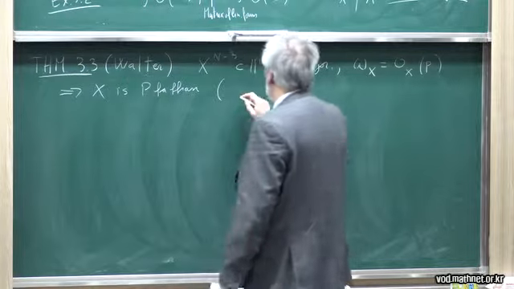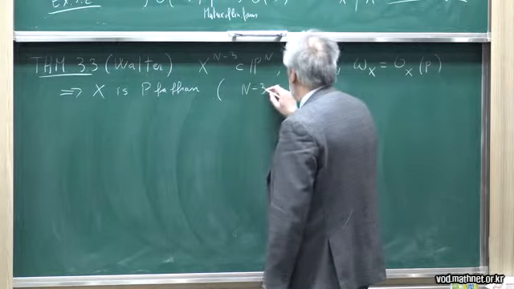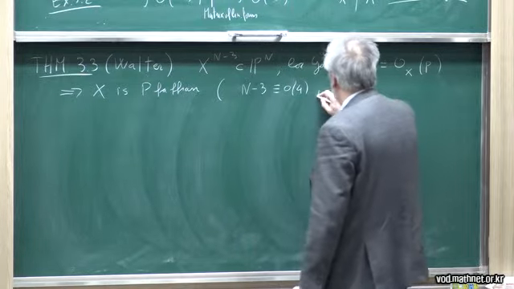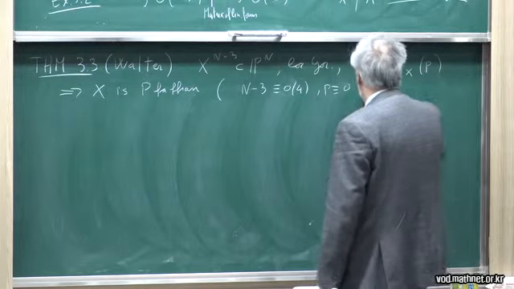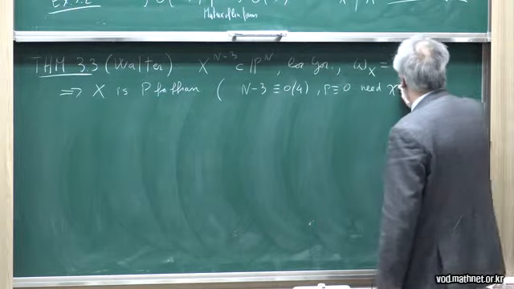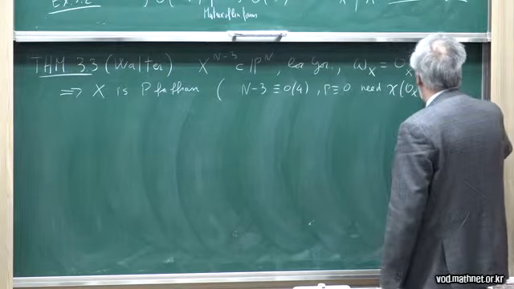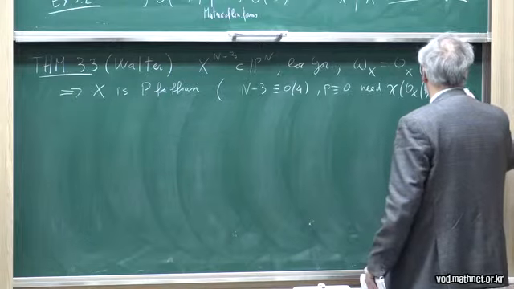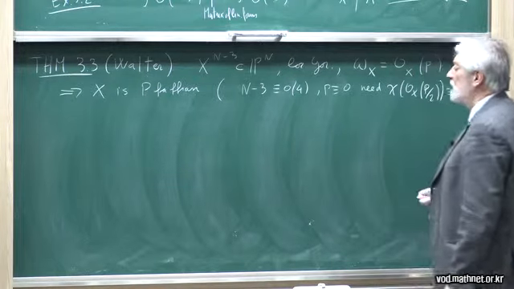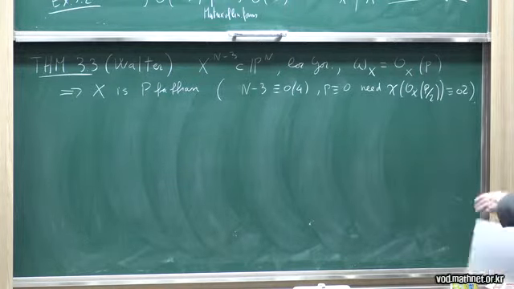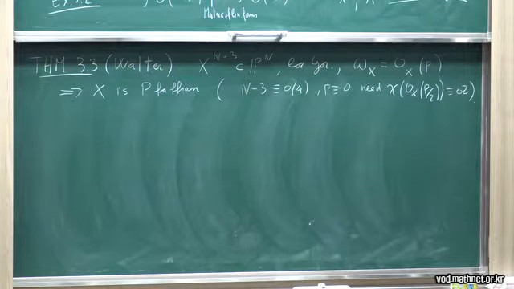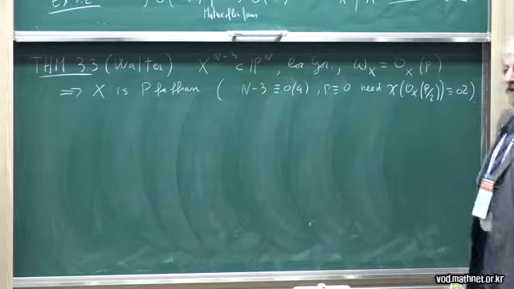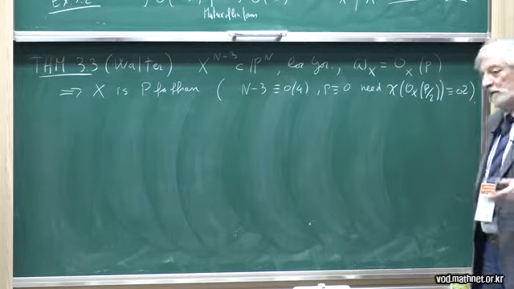Now, if n minus 3 is congruent to 0 mod 4 and P is even, need that chi of OX P half to be even. There is a technical condition, but you see in particular, if you take a surface in P5, this is not true.